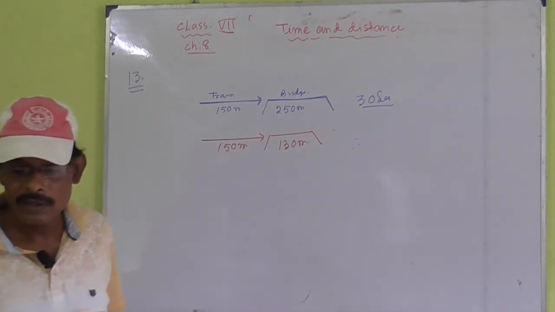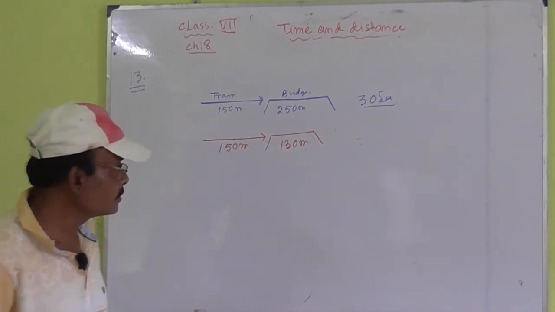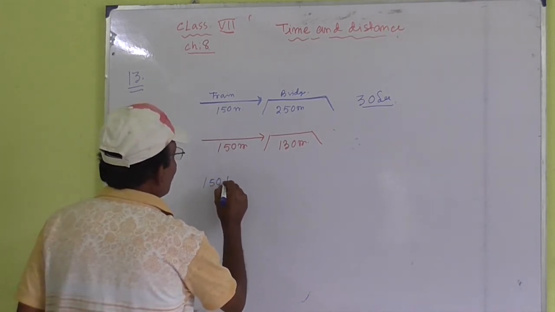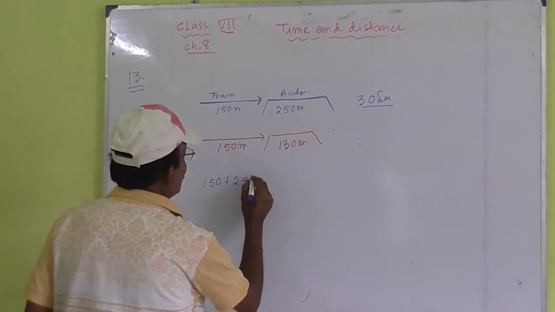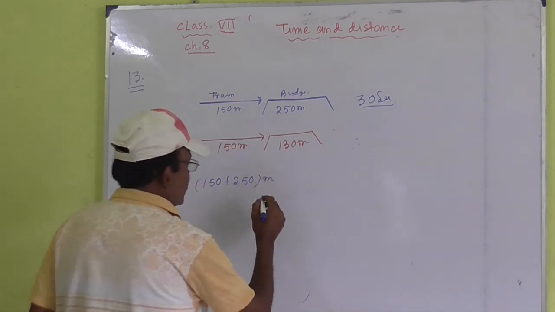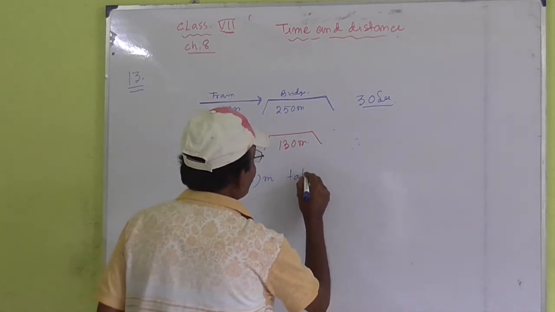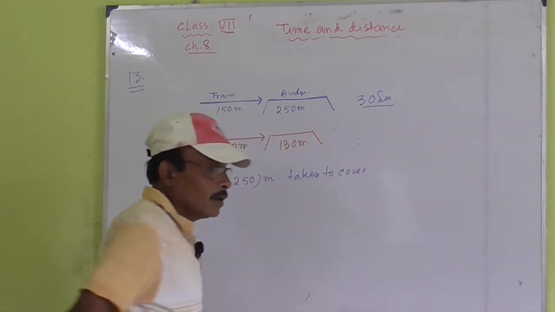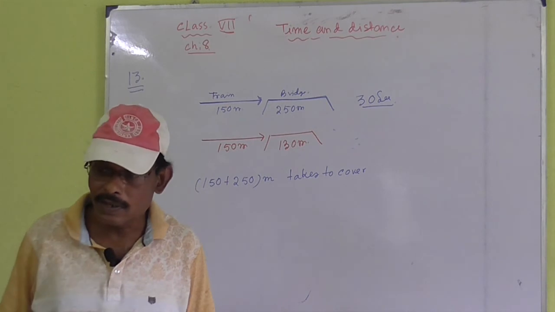Understood? So, the sum is 150 plus 250 meter takes to cover in 30 seconds.